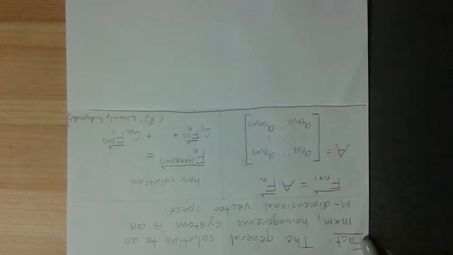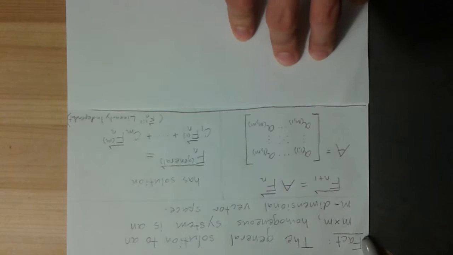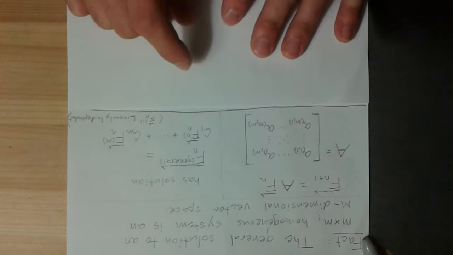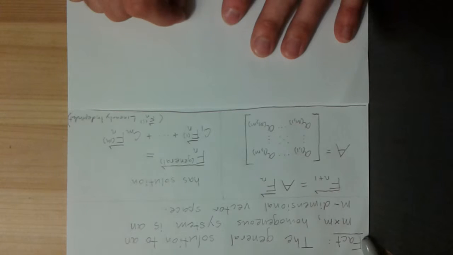So if you want to find the general solution, all you have to do is find m different particular solutions and then just take the linear combination of those, and that gives you the general solution.